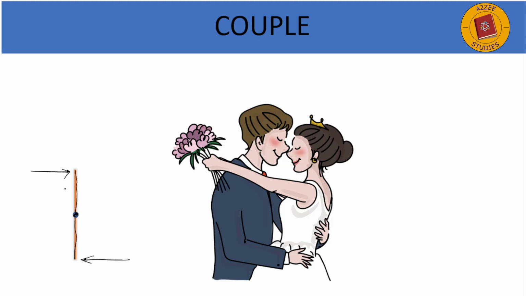But actually the rotation direction is the same, because if we put it in this direction, it will be anti-clockwise, and if we put it this way, it will also be anti-clockwise. But if you see from the top, the forces are in different directions. So this is called a couple.